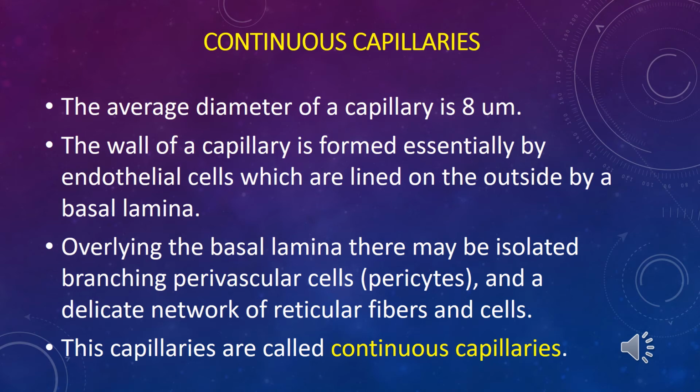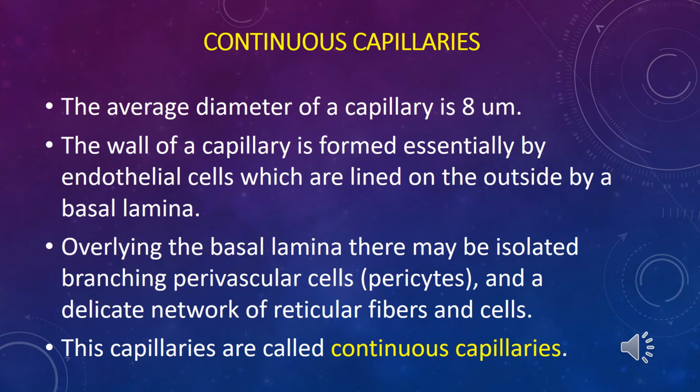On previous slides, I told about different subtypes of capillaries, and capillaries subdivide into some types according to structure and location in the human organism. The first I want to present to you is continuous capillaries.